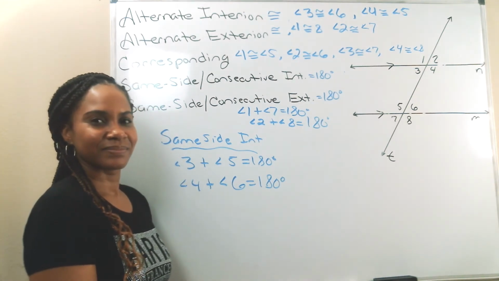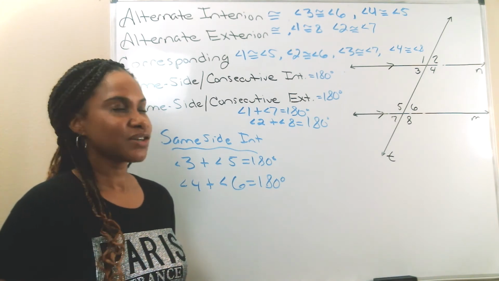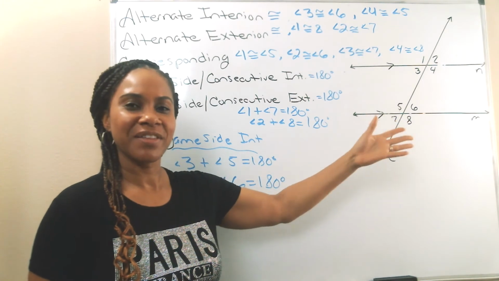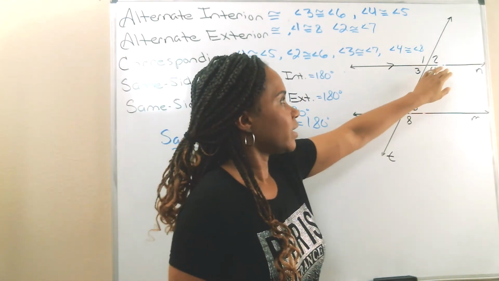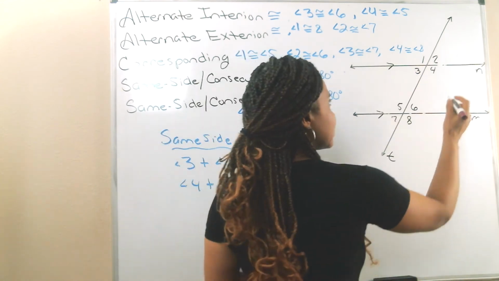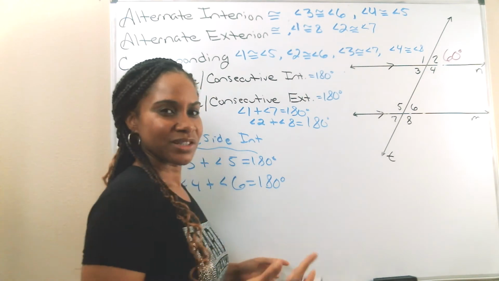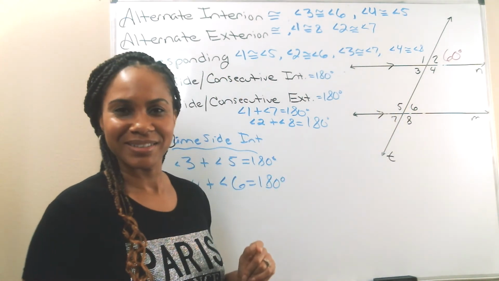Now let's use properties of parallel lines to figure out the measure of all of the angles right here. As an example, if angle 2 is 60 degrees, using this information, I could figure out the rest of my angle pairs.